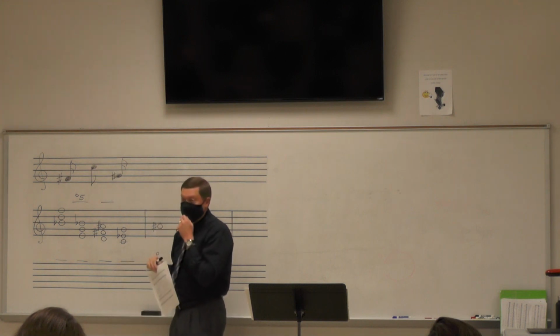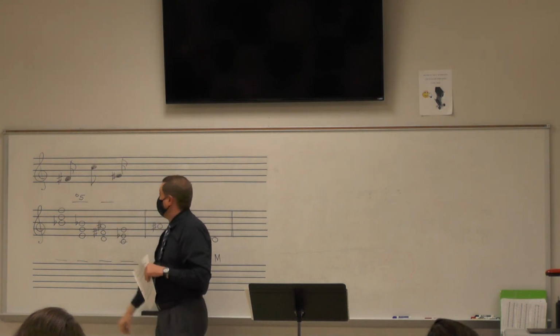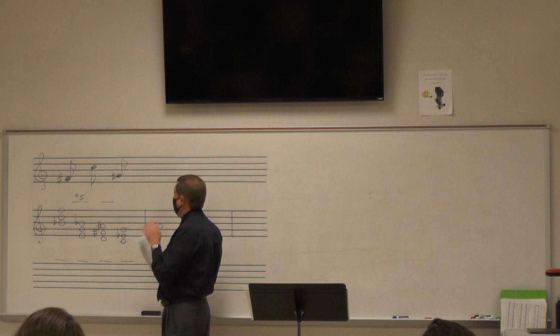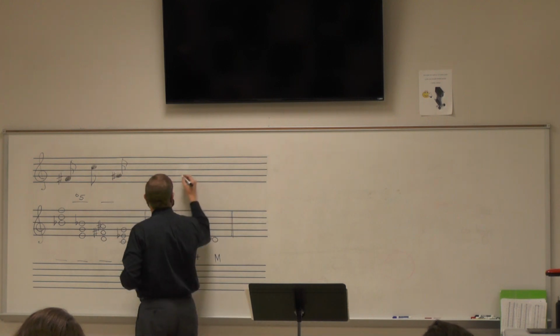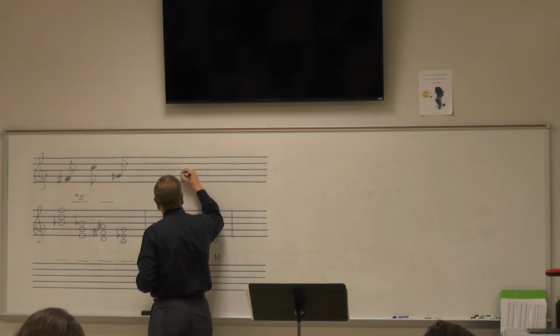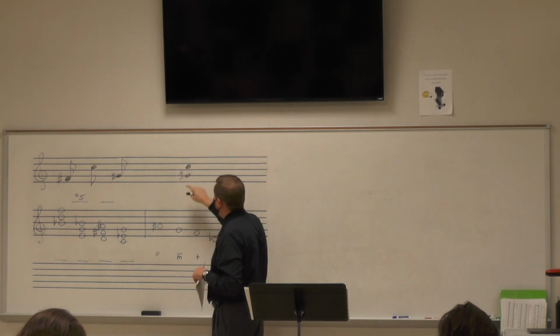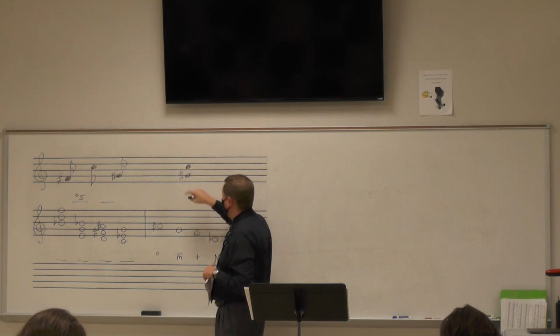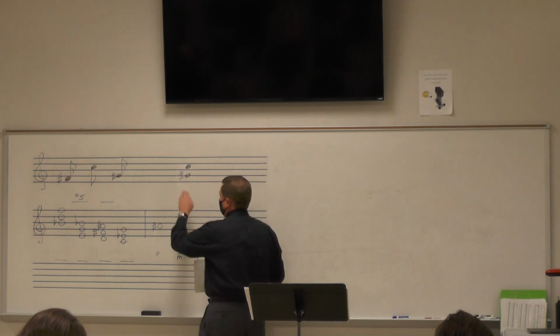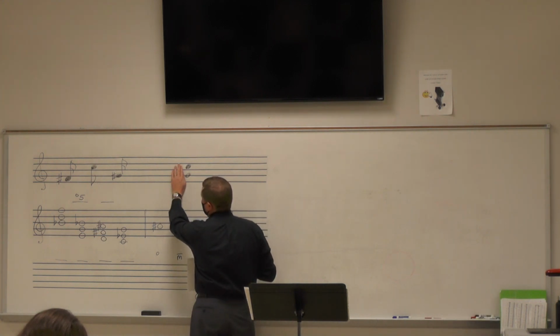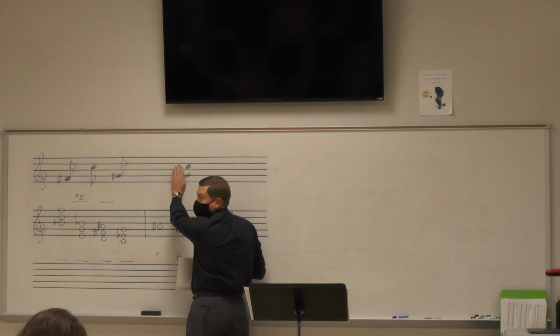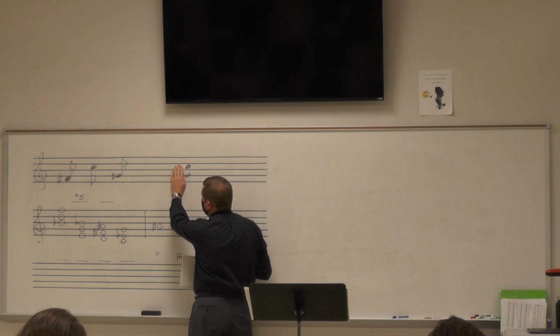G sharp up to C, or C down to G sharp, however you'd like to think about it. I know that if I were to write the interval as a harmonic interval such as this, I can see that that is some sort of fourth. But I also know that if I took the accidental away from the G and just had plain G up to C, that would be a perfect fourth, because C is the fourth scale degree in G major.